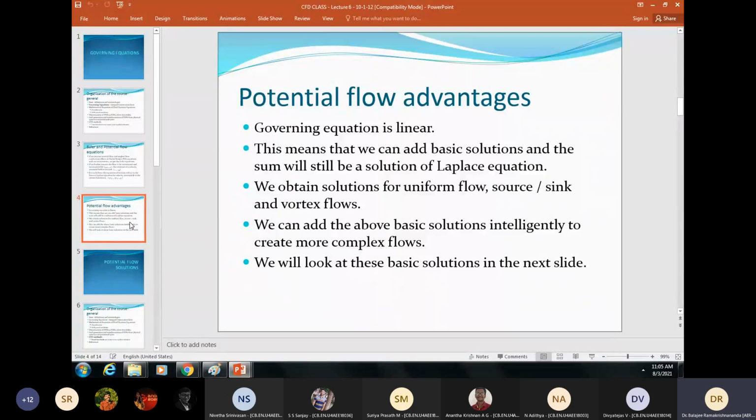A doublet is actually a combination of source and sink. So you can add them to this. You can consider them elementary flows, although sink and source are more basic. Then we can add these basic solutions intelligently to create more complex flows. So we look at these basic solutions in the next slide.